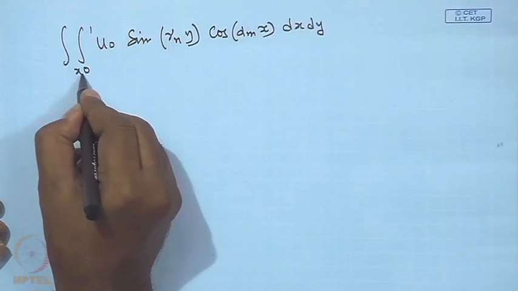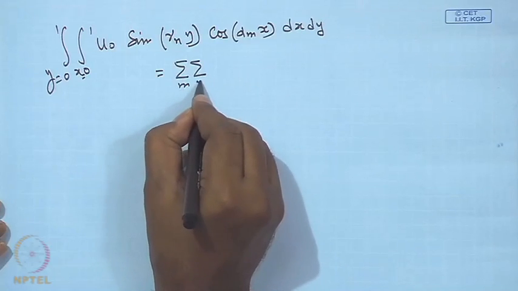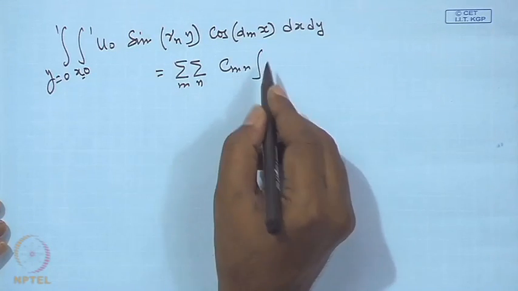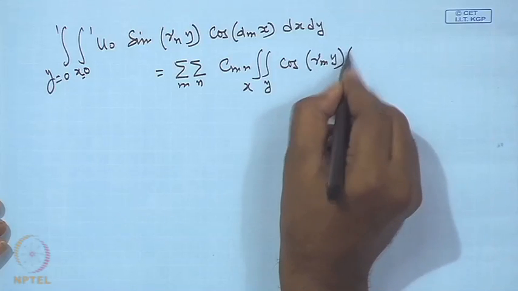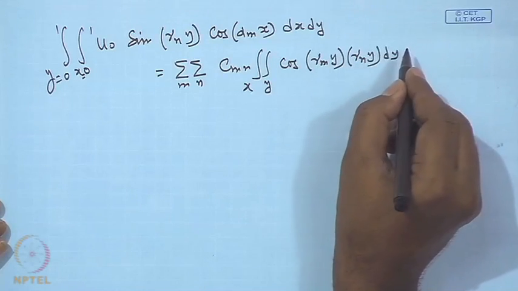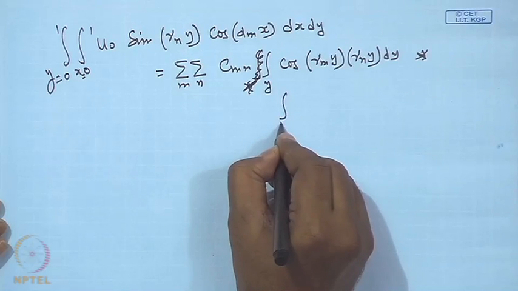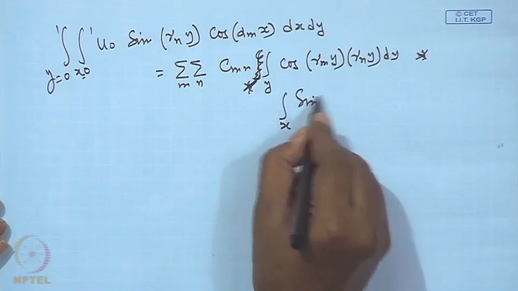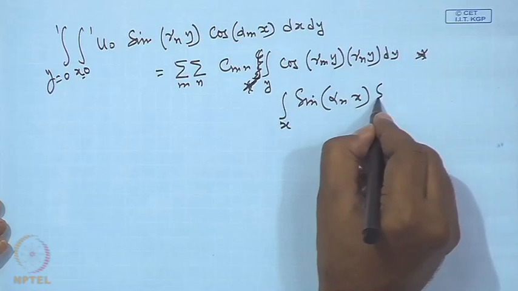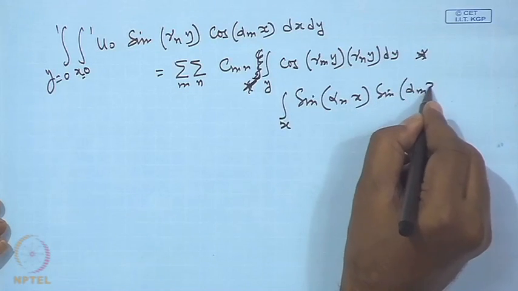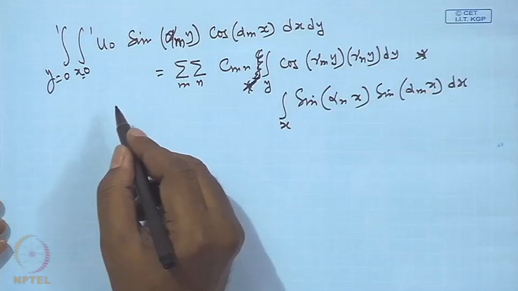This will be from 0 to 1 over x and from 0 to 1 over y, and that is equal to the summation over m and n of C m n times the double integral over x and y. That will be the integration over y of cosine nu m y sine nu n y dy, multiplied by another integration over x, that will be sine alpha n x sine alpha m x dx.